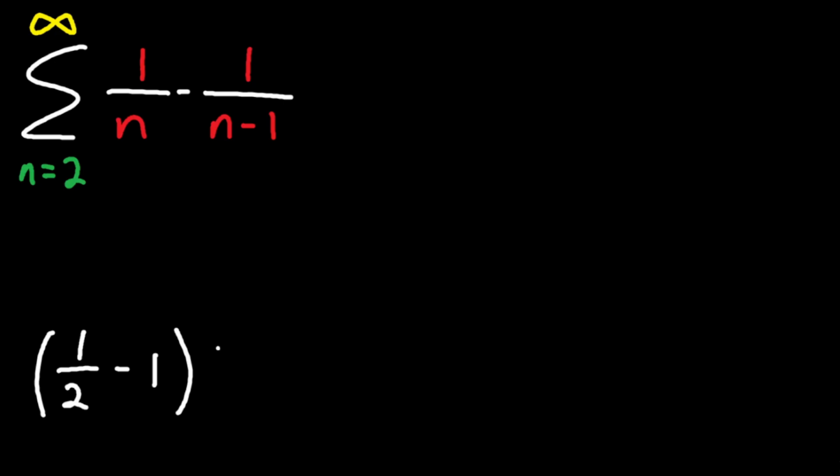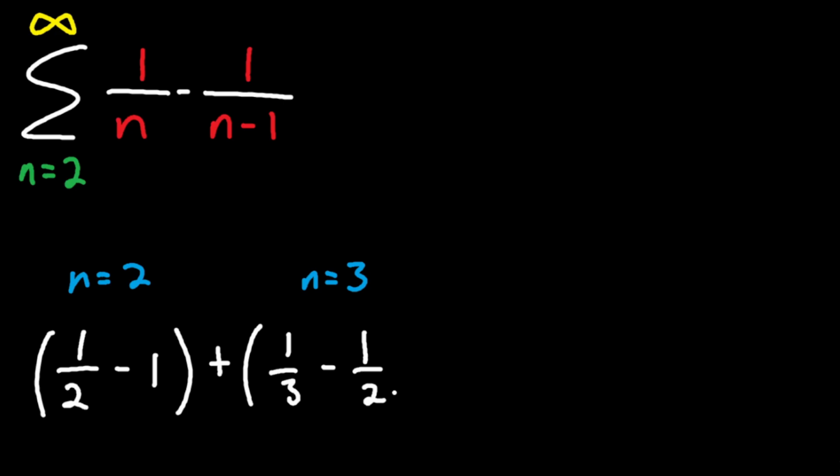The next term is when n is equal to 3. So right now n is equal to 2. Now we want to write the term for n equal to 3. When n is equal to 3, we have 1 over 3 minus 1 over 2. How about when n is equal to 4?